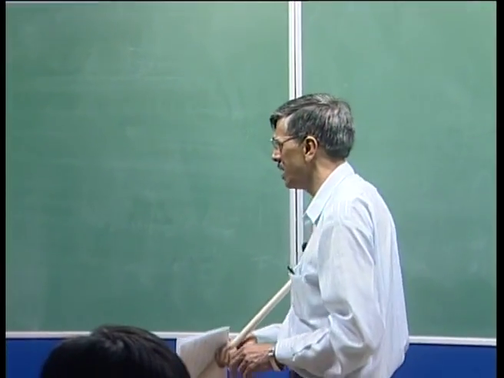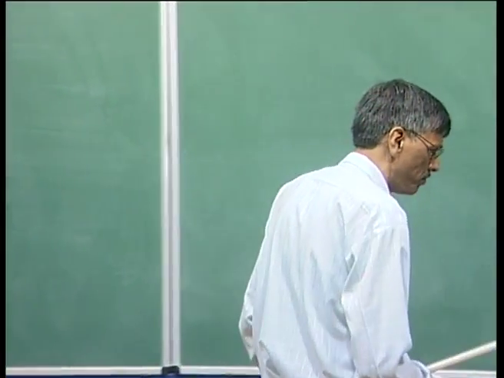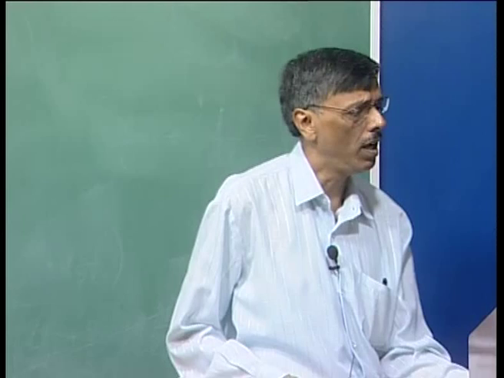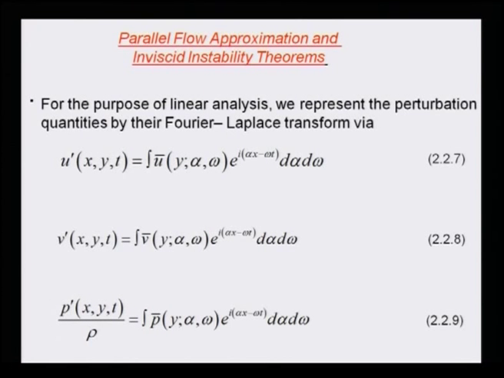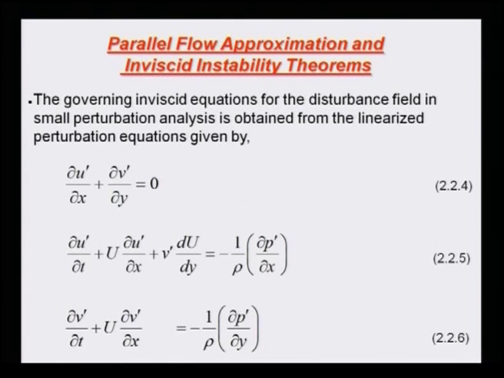Let us get back to this discussion on the parallel flow approximation and inviscid instability analysis of a two-dimensional flow. And we did obtain the governing equation. Let me go back in the slide, and you can see how it was. So, we will keep that here. Those are the three equations that we have.